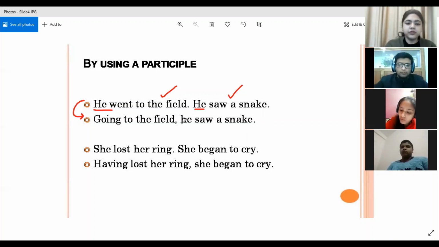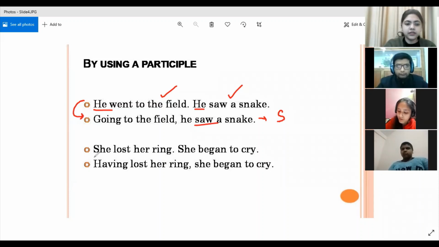If you see over here, in the first part you do not see any finite verb, but in the second part there is a finite verb. That means this is a simple sentence since it contains only one finite verb. This is how you can use a participle when both the subjects are the same. Then the second one: she lost her ring, she began to cry.